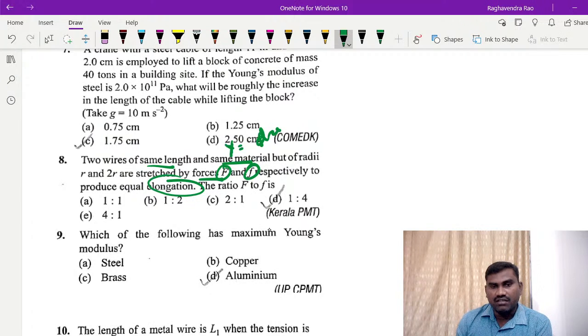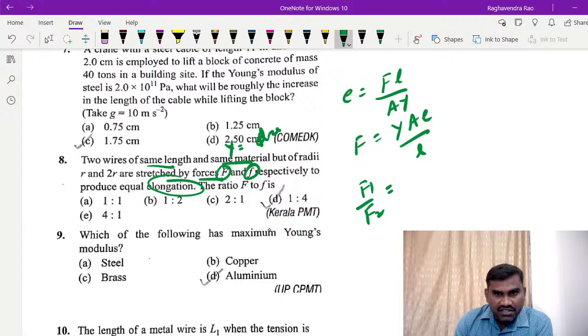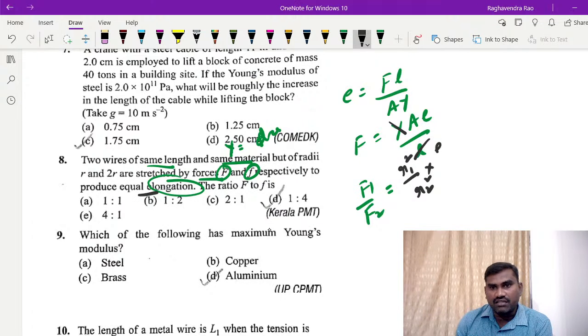Then the ratio of F1 to F2: we take E is equal to FL by A into Y, so F is equal to YAE by L. Now F1 by F2: the same length cancels, the same material Y cancels, the radii are different, that means A, so R1 square by R2 square. Equal elongation also cancels. So F1 by F2 is equal to R1 square by R2 square.